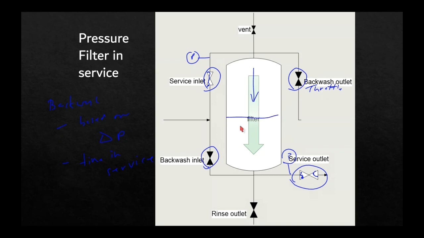First of all, what we want is a proper amount of bed expansion, because we're going for depth loading, which means that we have to expand the bed so that the filter particles move apart and the dirt is allowed to leave. So we're going to call that just bed expansion.